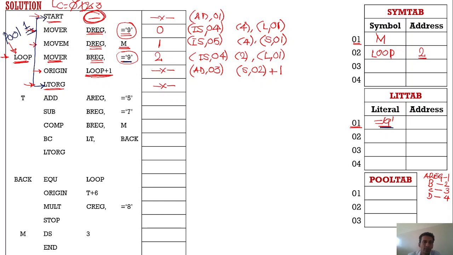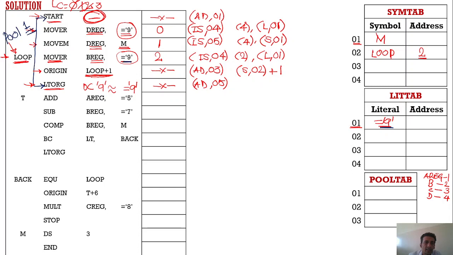Okay, so first of all, LTRG, I will write it in some intermediate form. So it is going to be AD comma 05. And now the literal in this particular pool 1 was 9, so I should allocate memory to this 9, and while allocating memory to this 9, the assembler does the similar adjustment as that of a DC statement.